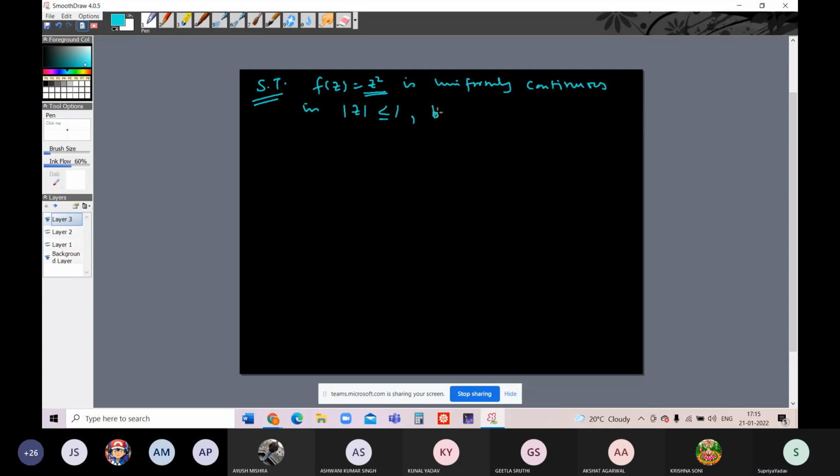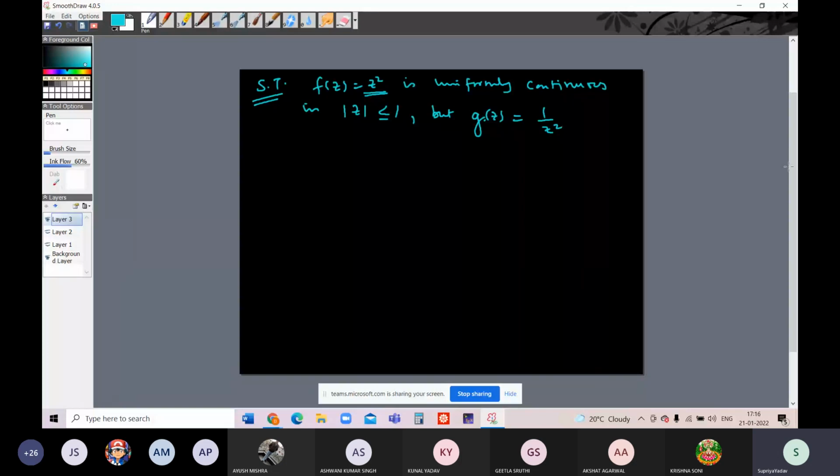बट फंक्शन f(z) is equal to 1 by z square, f(z) नहीं g(z) लिख लेते, नया फंक्शन. But g(z) is equal to 1 by z square.